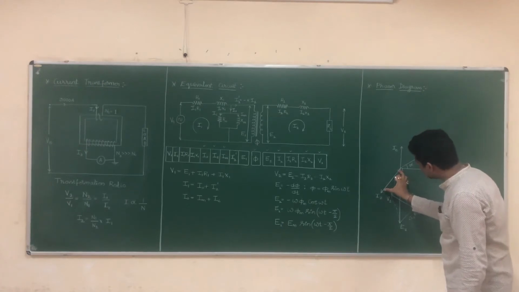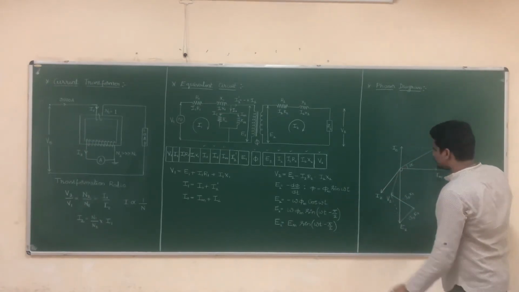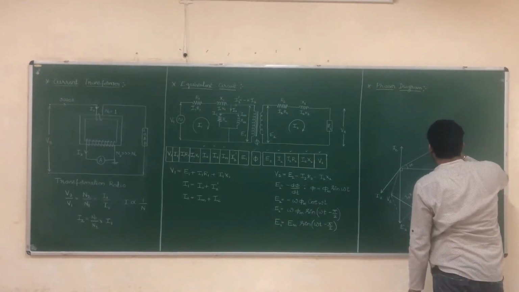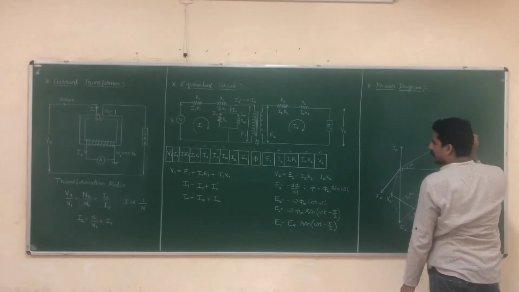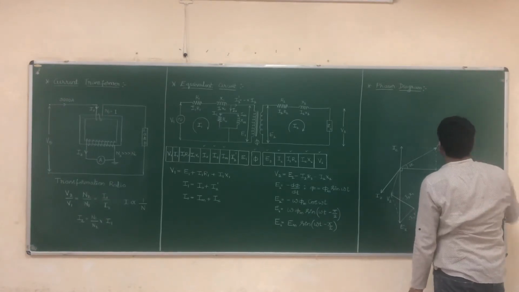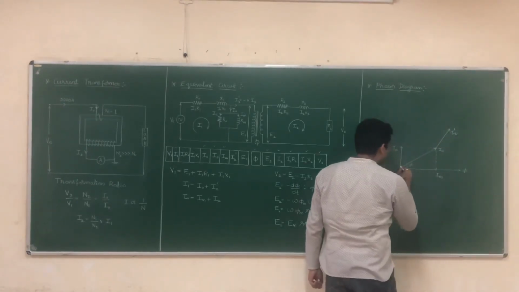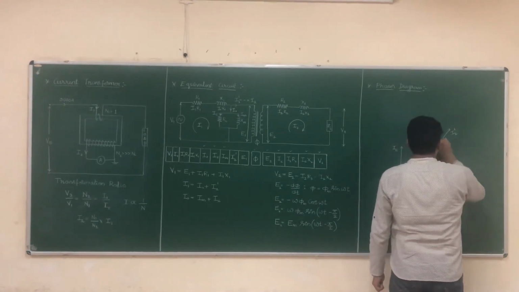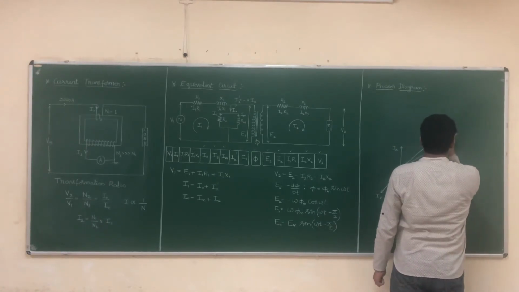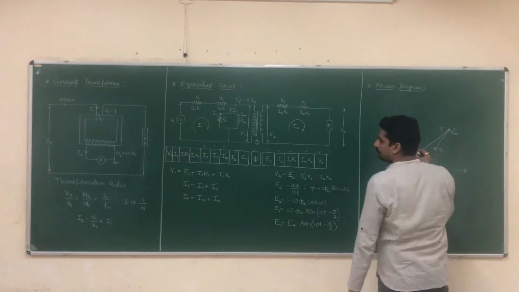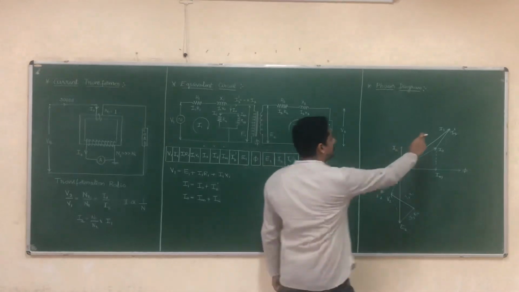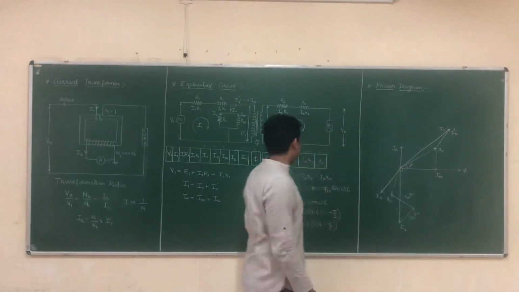So I will shift the entire vector here, because this should be in combination with I0. So I just write the vector here, and this is my I2 dash. Okay. So now if I add this point and this point, the resultant will be my I1. So I1 is nothing but I0 plus I2 dash.